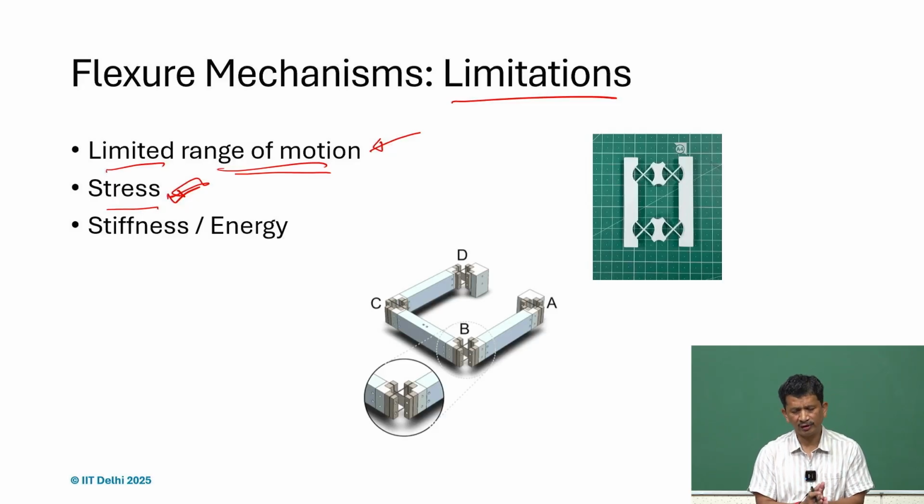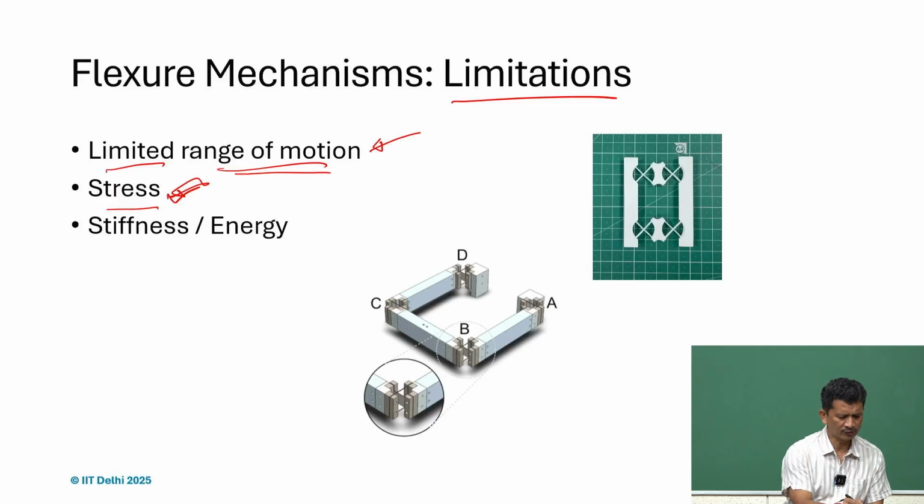What is generally mentioned is that in most cases, if we find the maximum stress level, and if we limit the range of motion to just half of that, then most probably we don't have to worry.